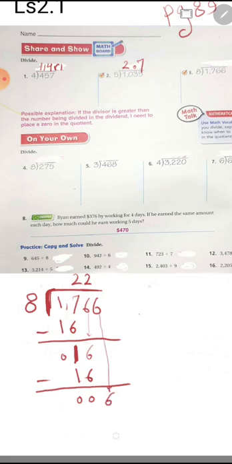So I will divide 6 ones by 8. Can I divide 6 ones by 8? No, because 6 is less than 8. What I have to do, as we learned in the last exercise, is this: when I want to divide a ones digit by 8 and I can't divide it, the value of the digit will be 0 in the ones.